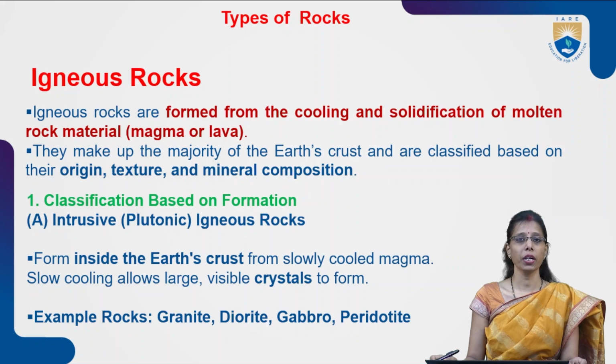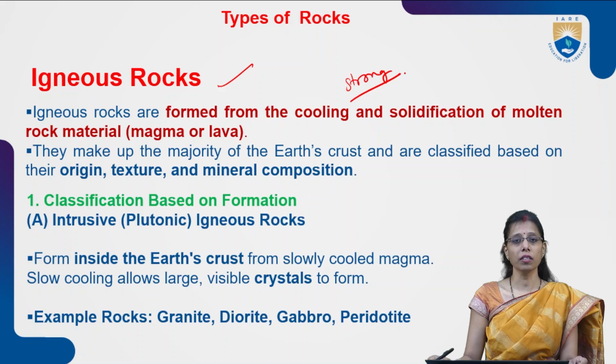Or else the magma itself, when it is inside the earth, inside the volcano, cools down at a very slow rate, and then also igneous rocks form. These rocks are very strong in nature, so they are used in the construction field.